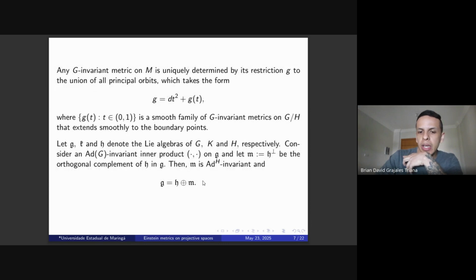So these metrics g_t are nothing but inner products on M that are invariant under the action of the adjoint representation of H.